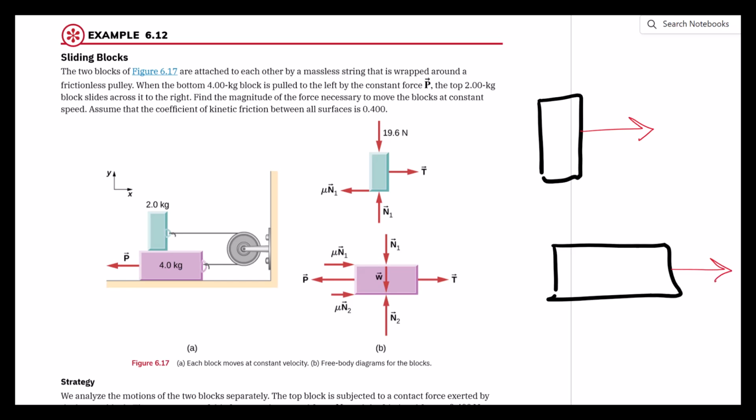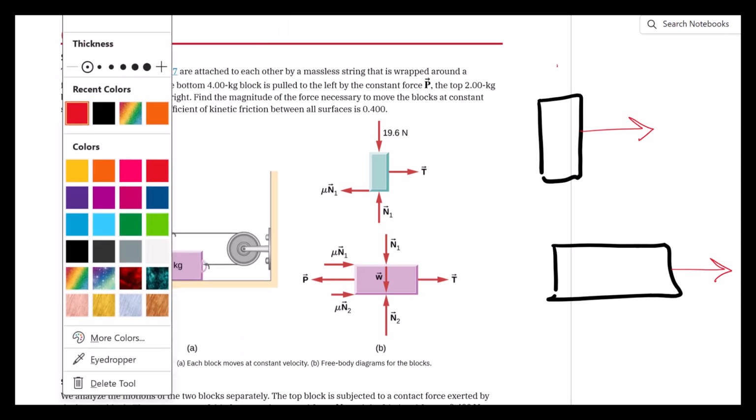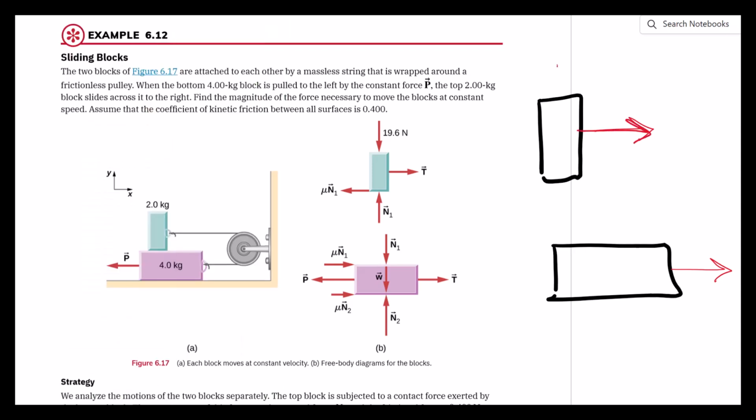Then the top one is 2 kilos, so 2 times 9.81 is 19.62. Okay, this is T, and that is the weight of the top block.